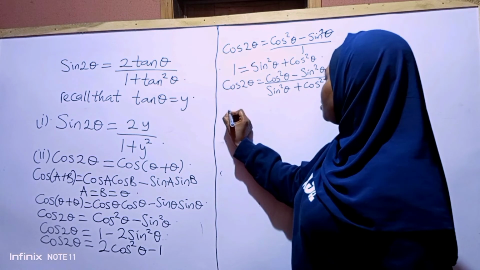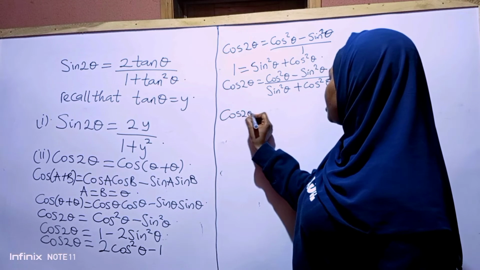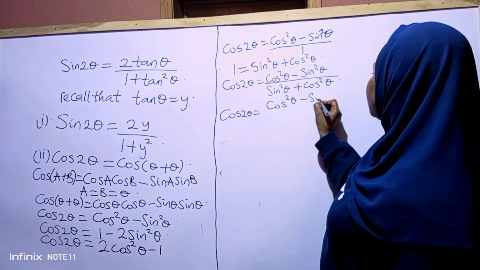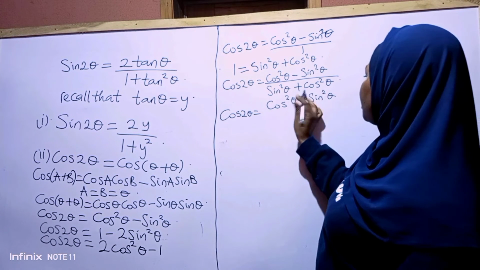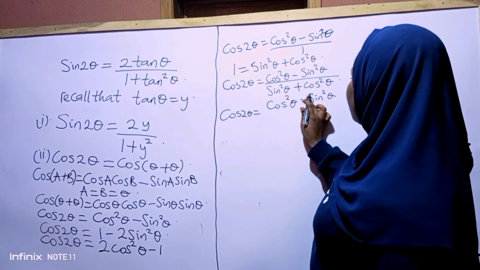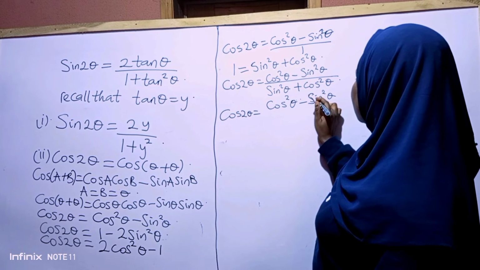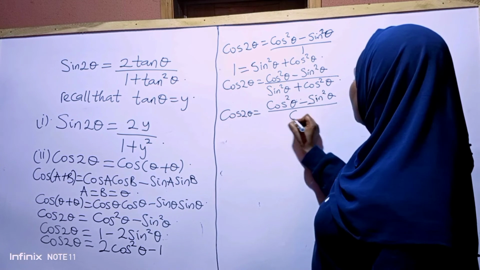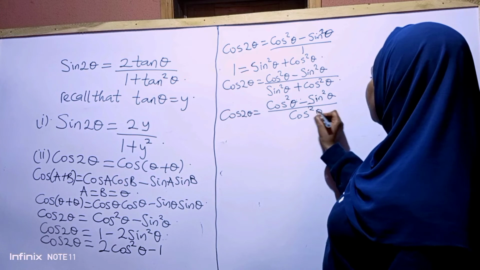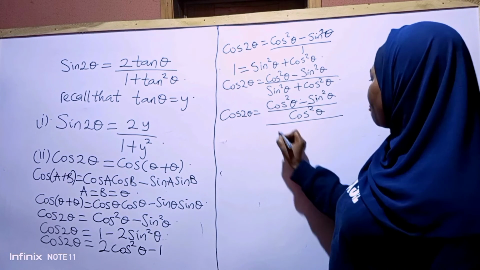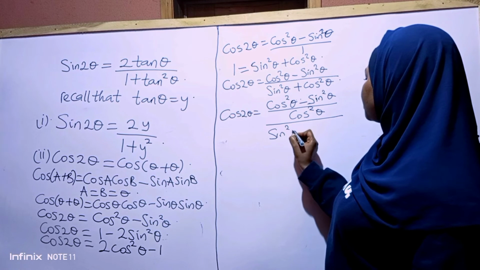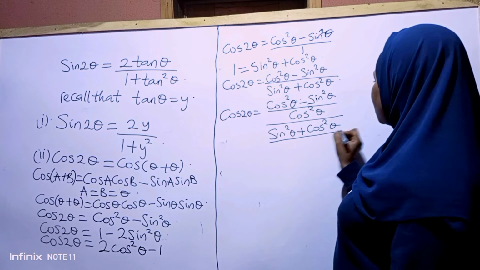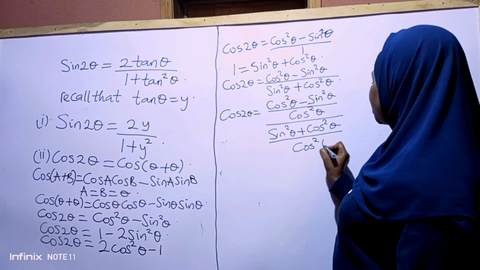So I have the numerator, cos squared theta minus sin squared theta, everything over cos squared theta, then the denominator, sin squared theta plus cos squared theta, over cos squared theta.